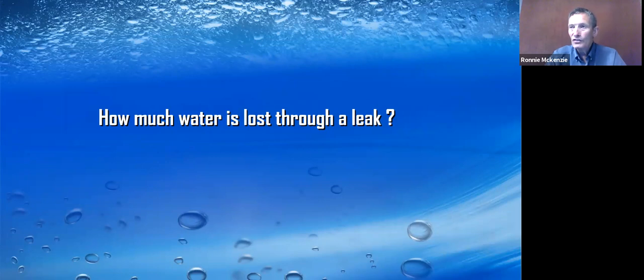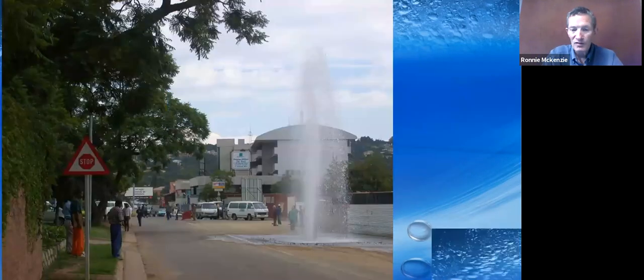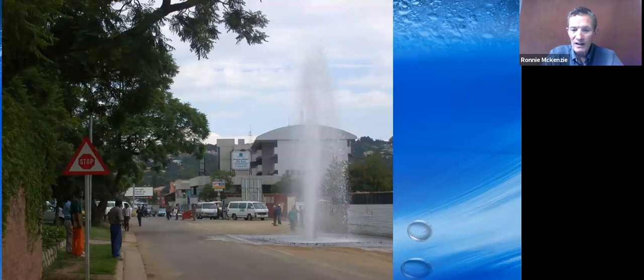Before going on to logging results and leakage and all sorts of interesting things, I just want to touch on another issue. How much water do we lose through a leak? Now, we've got a few examples here. I've shown you this one already. This is a mains leak running at 20 cubic meters per hour at a pressure of about 50 to 60 meters.